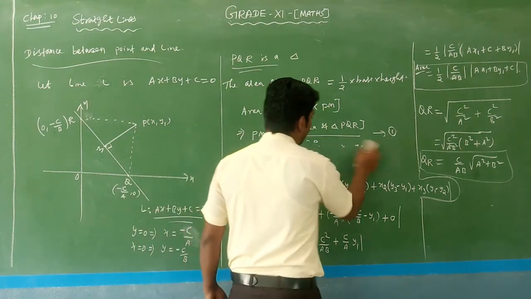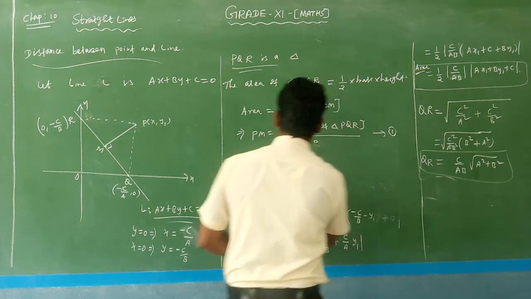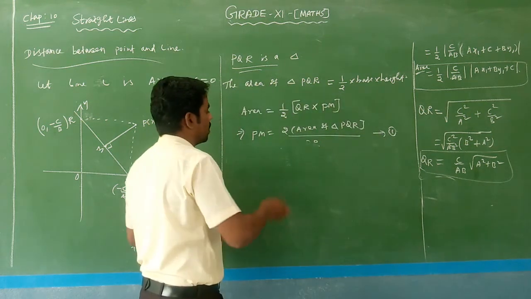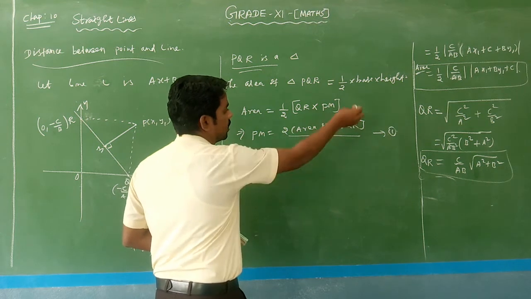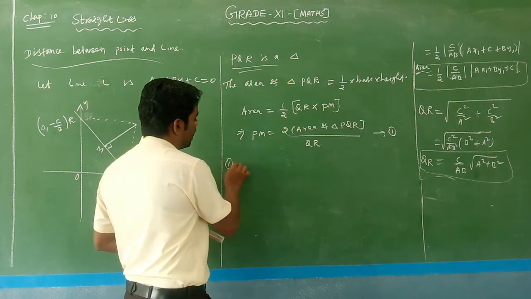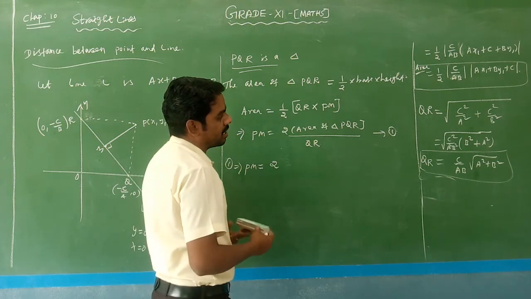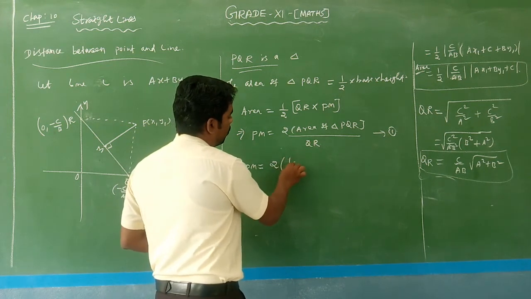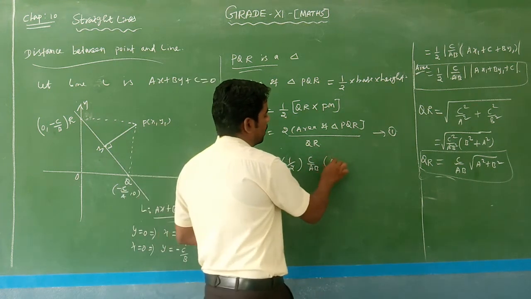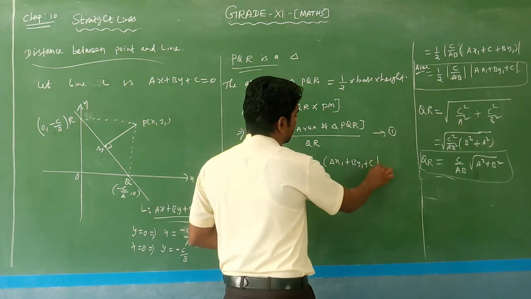So substitute these values. PM is equal to 2 into the area of triangle PQR divided by QR. Substitute from equation number 1. PM is equal to 2 into the area of triangle PQR, which is 1 by 2 of c by ab into ax1 plus by1 plus c.